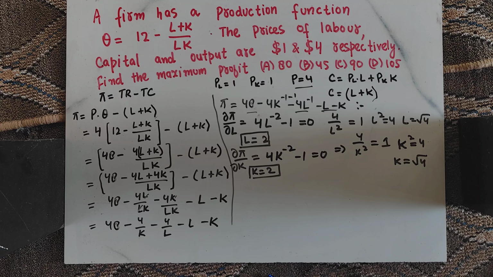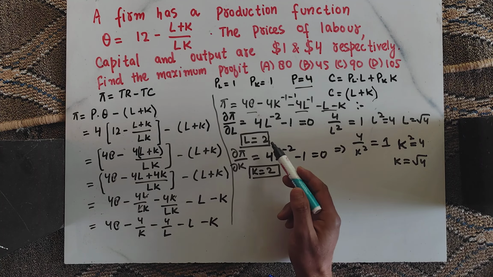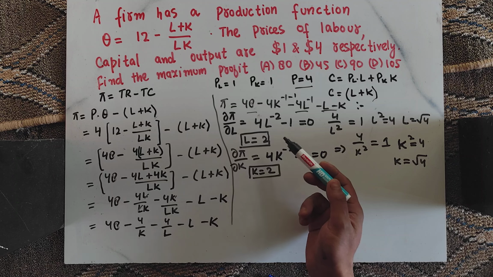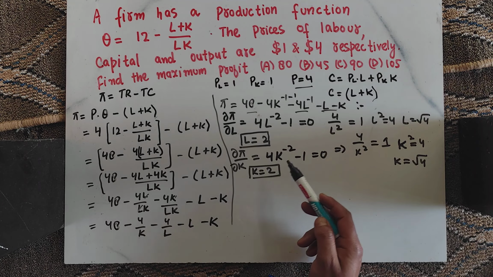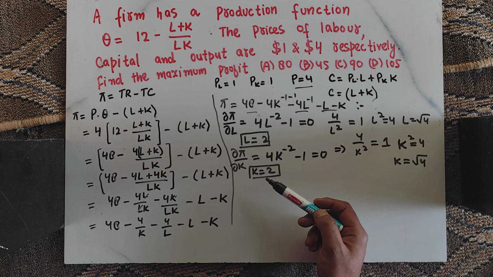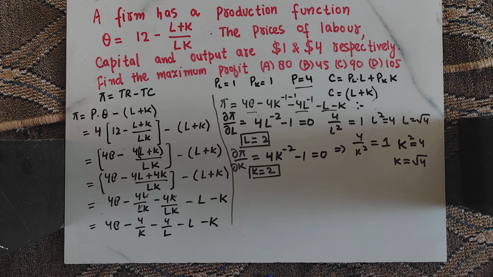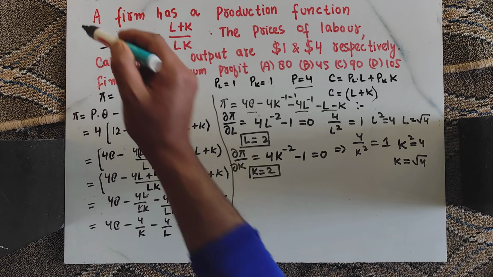We are done with this. So we need to use 2 units of labor and capital to maximize profit. Having said that, let's find the corresponding output.